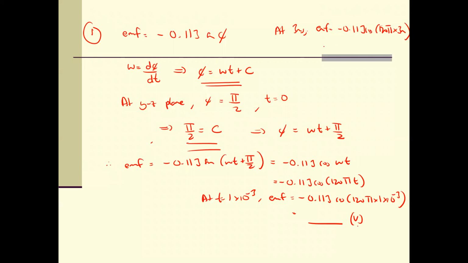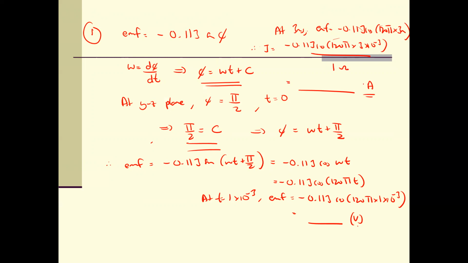So the current induced at 3 milliseconds will equal the EMF, negative 0.113 cosine of 120 pi multiplied by 3 times 10 to the negative 3, divided by the resistance, which is 1 ohm. Then we are going to have the current in amperes.